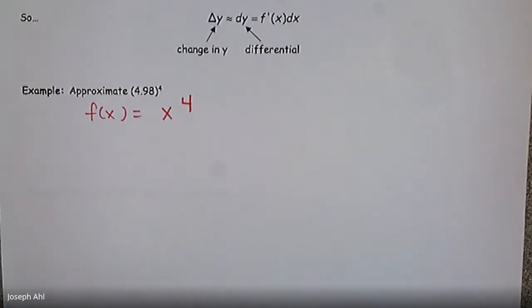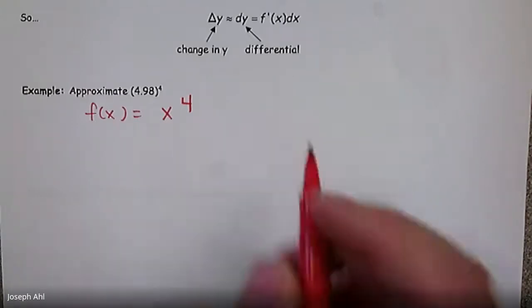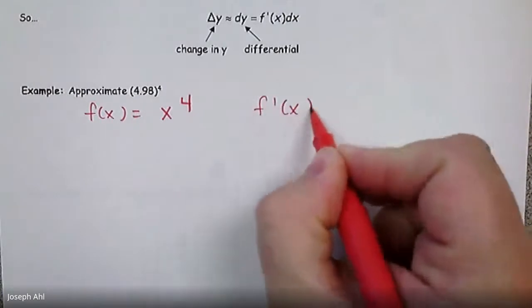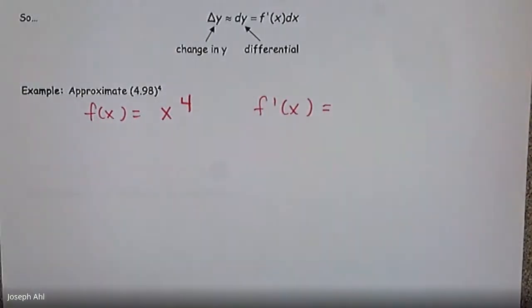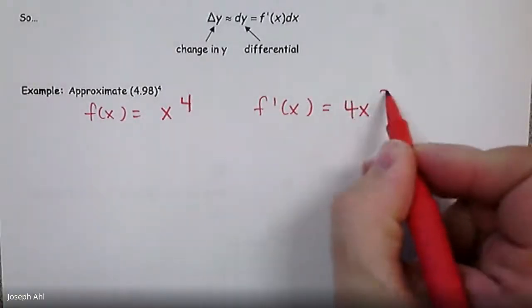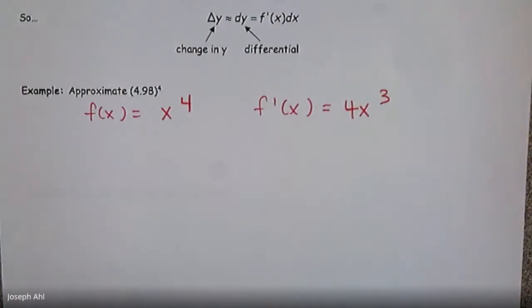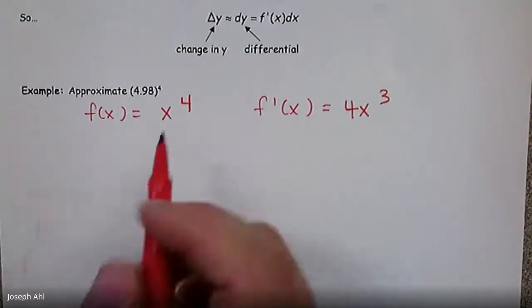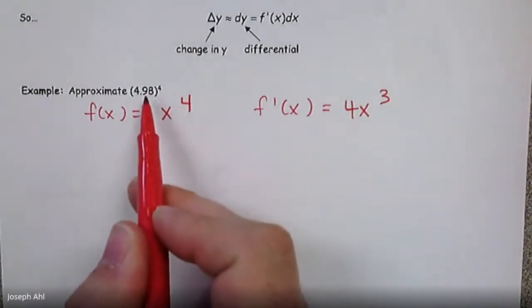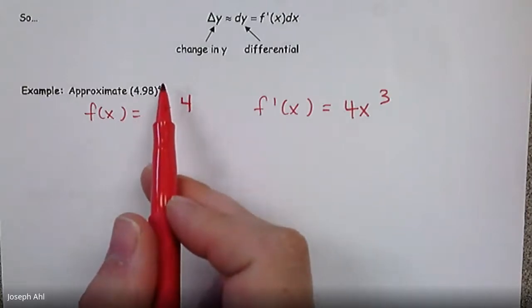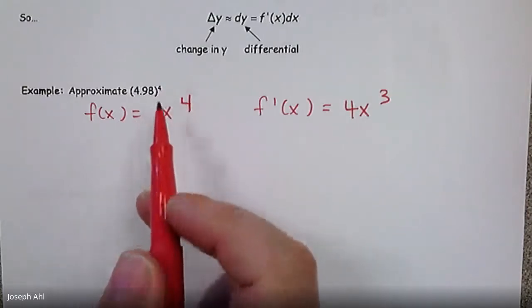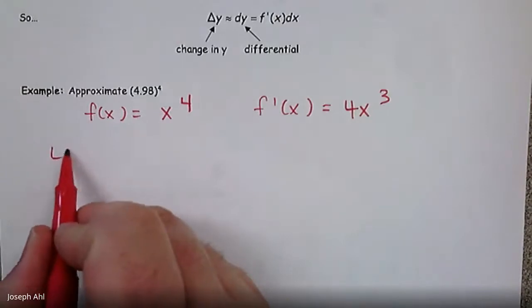So in order to calculate this, let's do this from an approach of differentials by saying that the derivative, first of all, f prime of x, is equal to 4x cubed. And that this value that we're trying to evaluate, 4.98 to the fourth power, is fairly close to x equals 5.